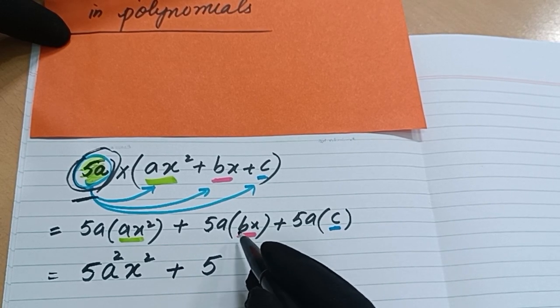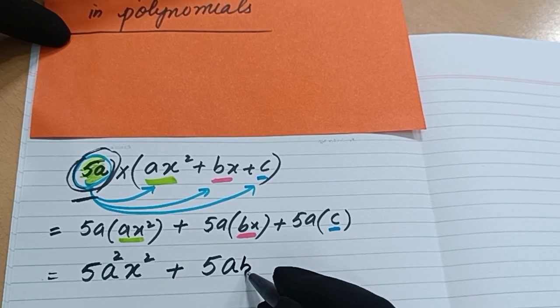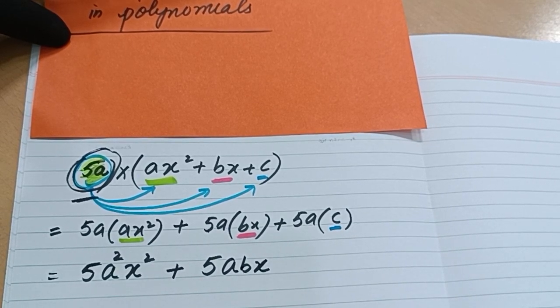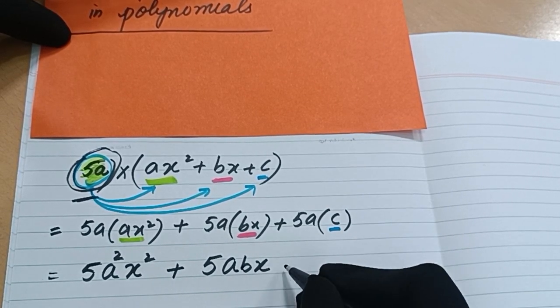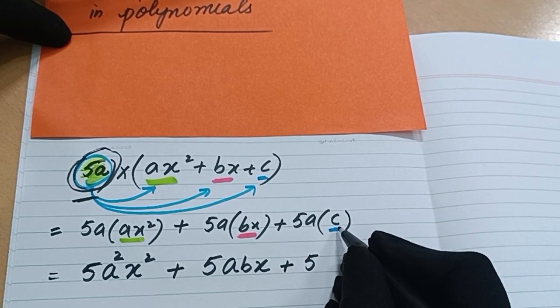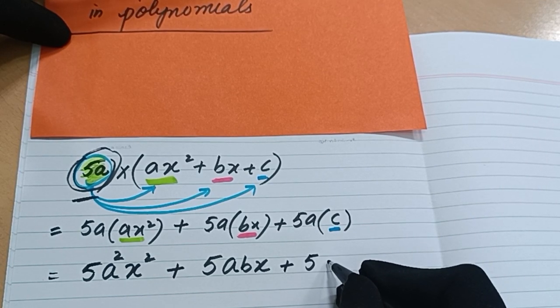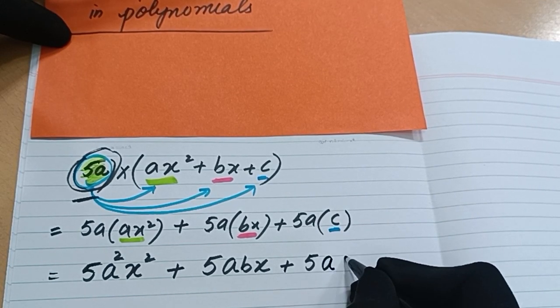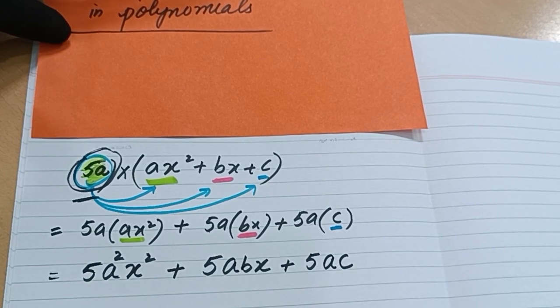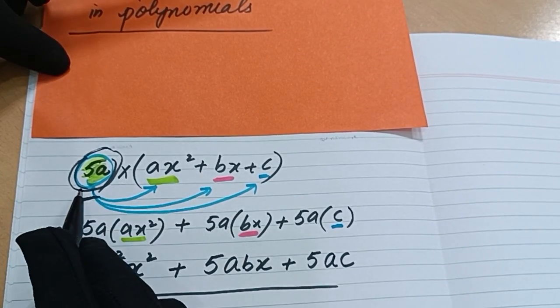A not repeated, B not repeated, X not repeated. So how will we write? ABX. We will combine them as it is. Plus 5, A and C, they both are variable terms, so they will remain as they are because they are not multiplying together. So their product will be AC. Like this, one polynomial is multiplied to a single term.